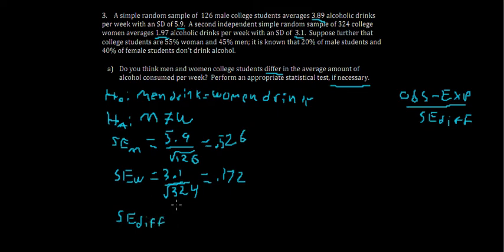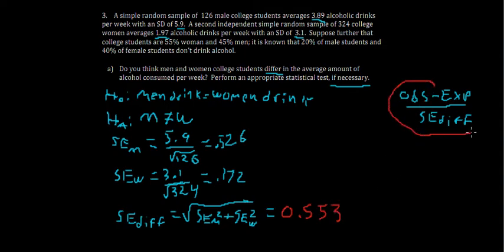That is equal to the square root of SE men squared plus SE women squared, right? So we can plug in this number here and this number here, and we get 0.553.